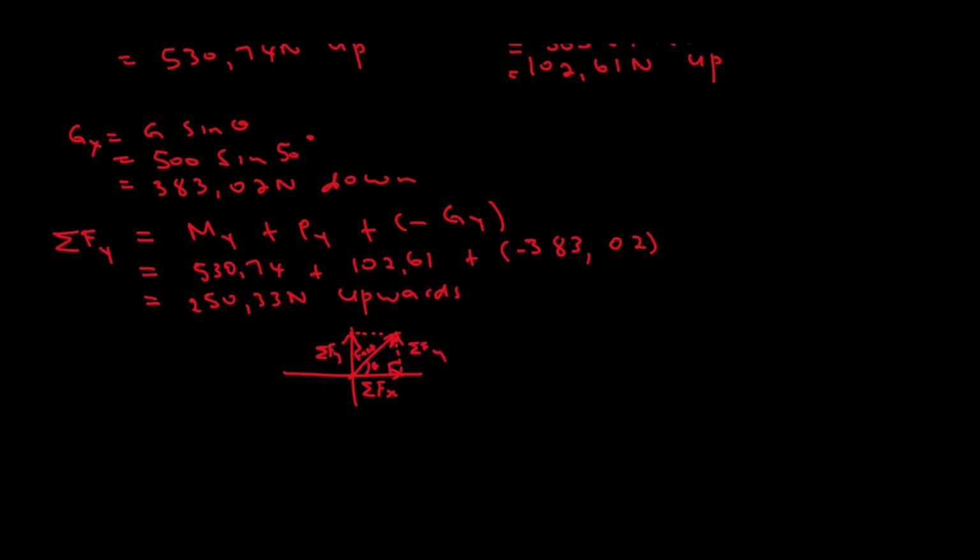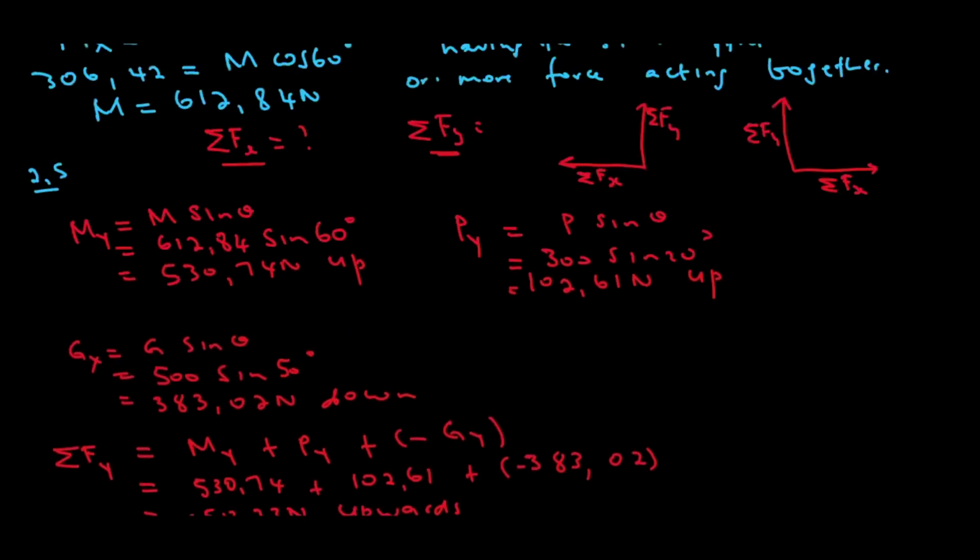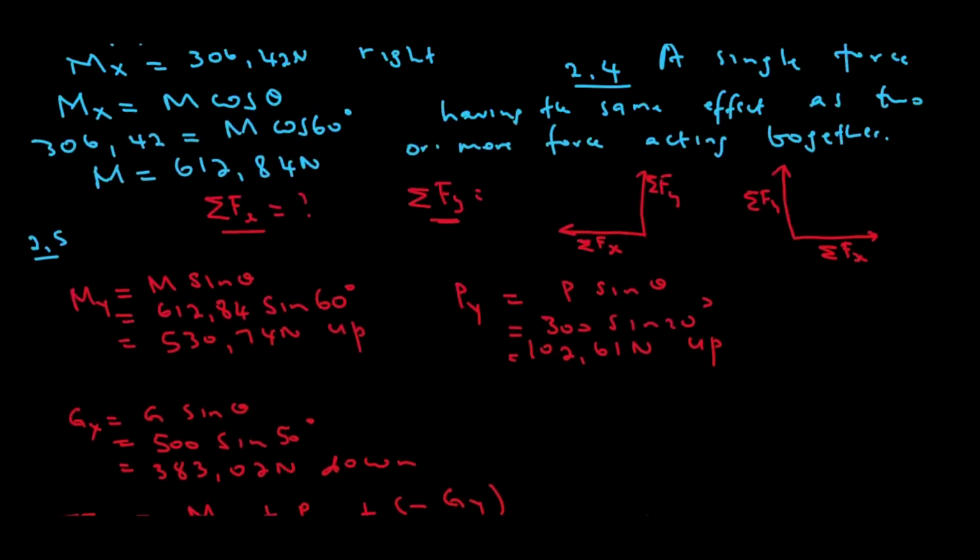From the diagram that I just drew, it is clear that we can apply the theorem of Pythagoras and write F net squared equals the sum of forces in X squared plus the sum of forces in Y squared. I can then substitute: F net squared equals the sum of forces in X, which was given to me but I can't remember the value.